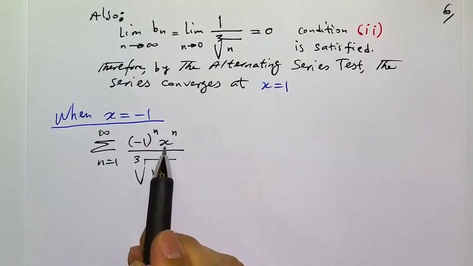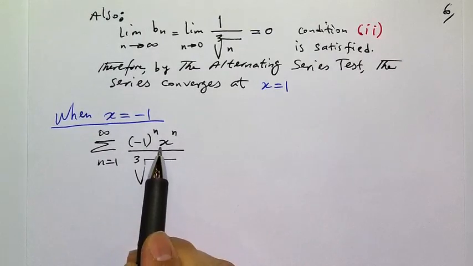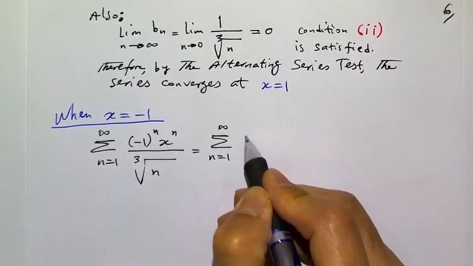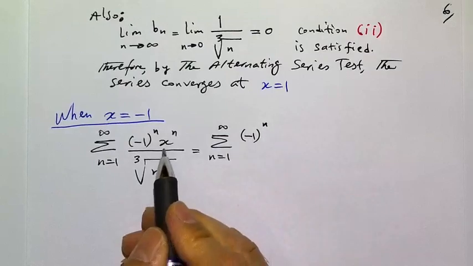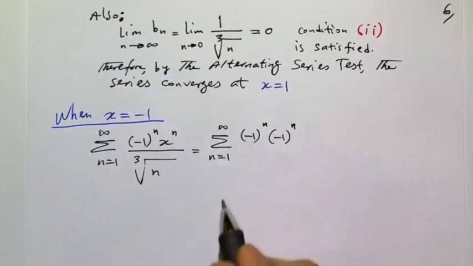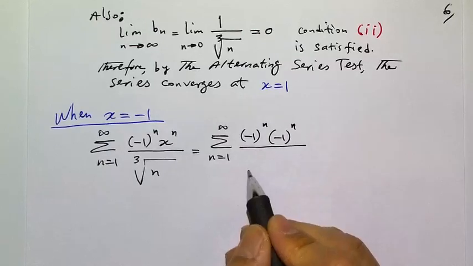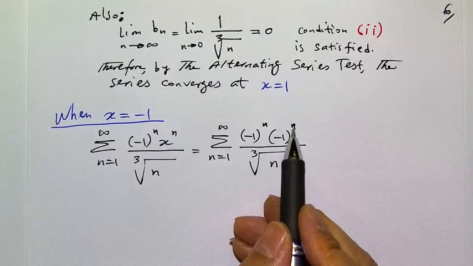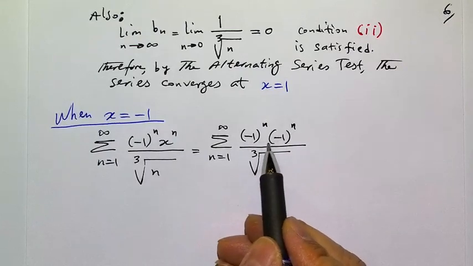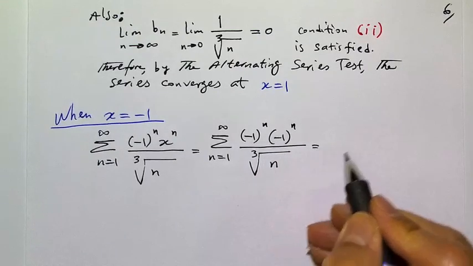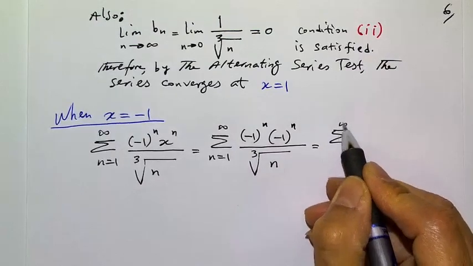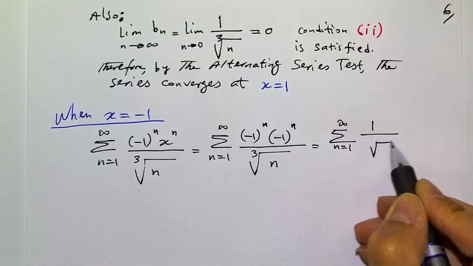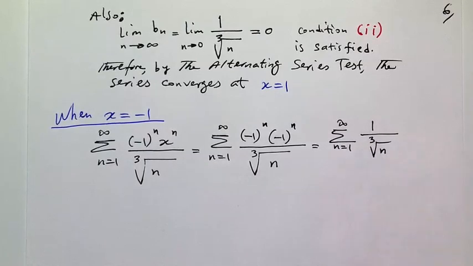So now when x equals -1, what happens? Let's see. We get (-1)^n times (-1)^n divided by the third root of n, right? So (-1)^n multiplied by each other gives +1, so the end result will be +1 divided by the third root of n.